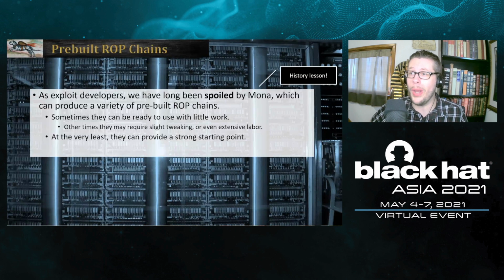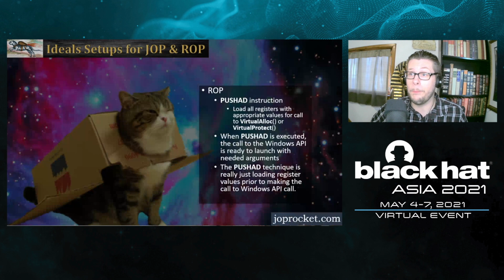We take inspiration from a tool like Mona that can enable us to bypass DEP with return-oriented programming using APIs like Virtual Protect and Virtual Alloc. So the ideal way to set up ROP is we will take all of our parameter values for the Win API, plug it into registers, and then push add.